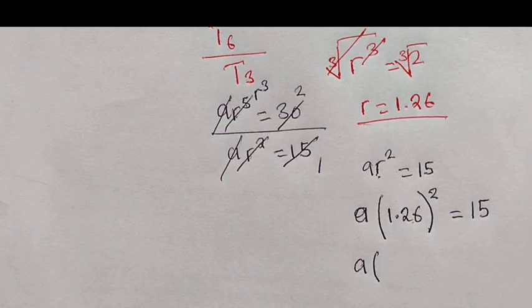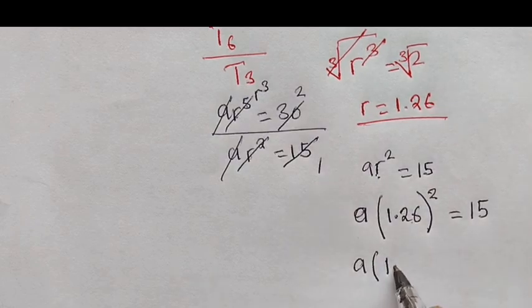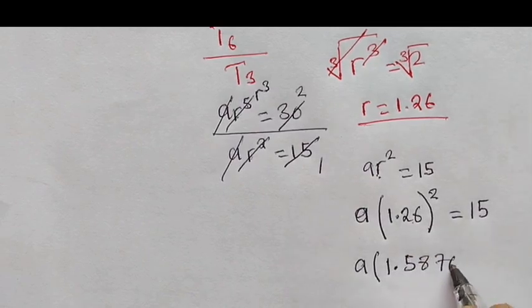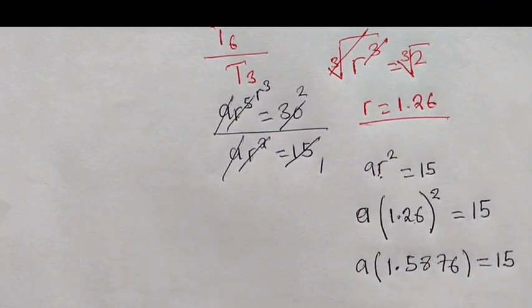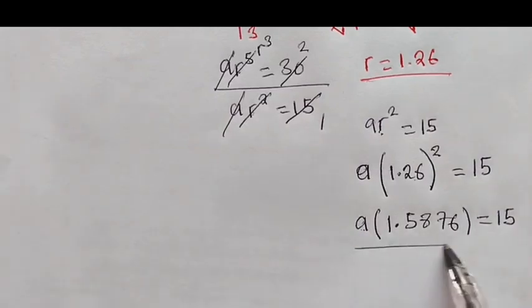Okay, so this is giving us 1.5876 equal to 15.